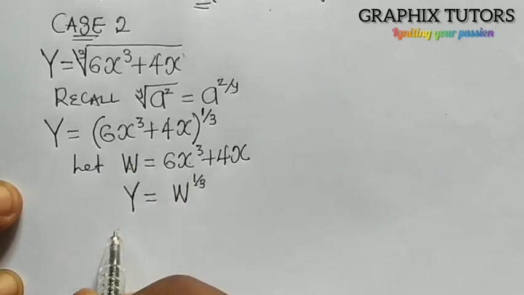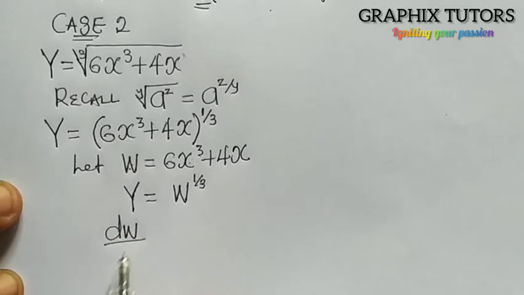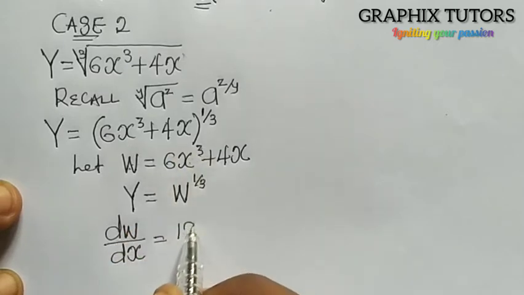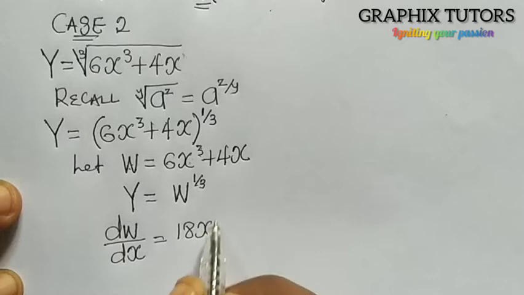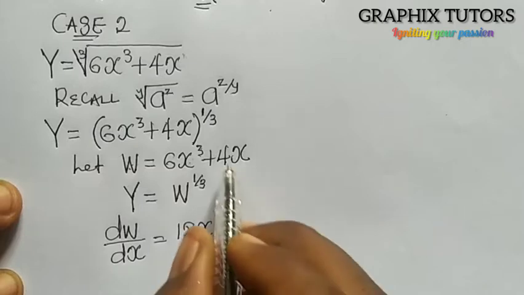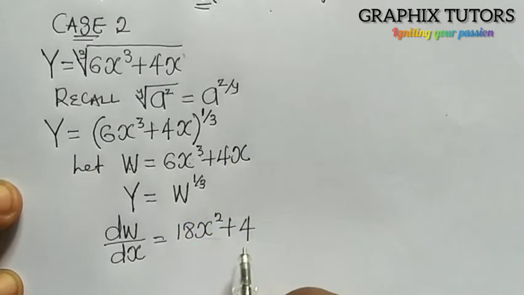Differentiating this, I'll be having 18x squared. Watch my previous video, you get to understand this. Now, plus, differentiate this, we'll be having just 4.